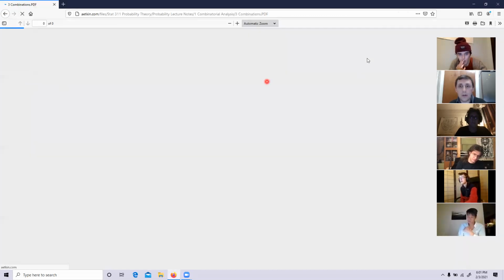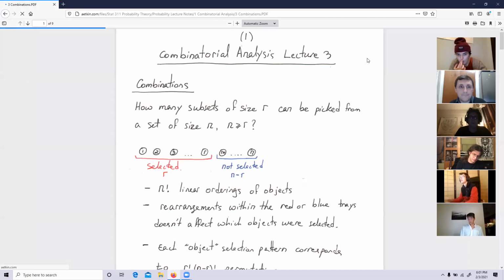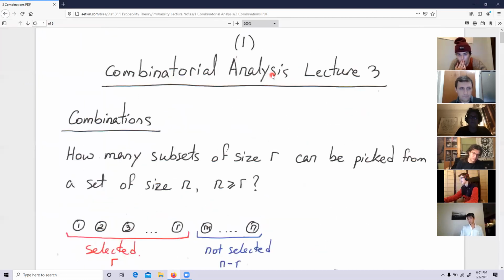So now we talk about combinations. In this case, we try to understand how many ways there are to select subsets of size r from a total set of size n, where n is bigger than or equal to r, okay?